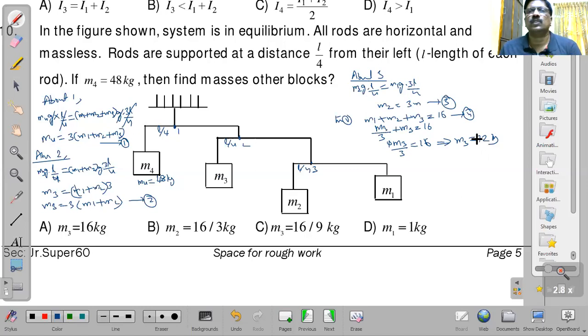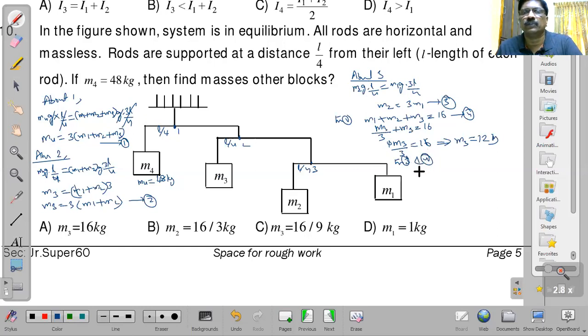Okay. Next, what about M1? We had to find M1. To find M1, first we had to find M3. M3 already we got 12. Next, from 3 and 4, M2 is equal to 3M1.